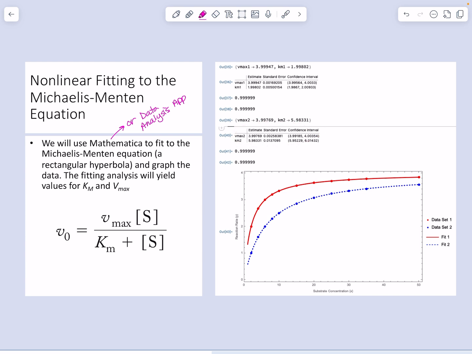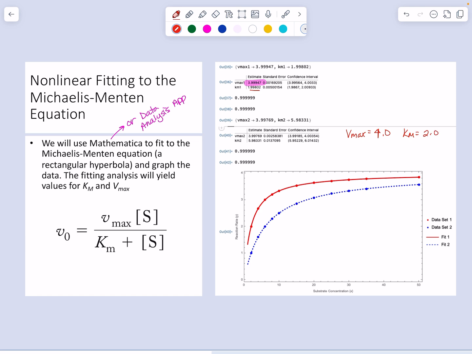So if we notice, my Vmax for the first one is 3.999, so let's call that 4. So data set 1, let me match colors here. Okay, we got Vmax is equal to 4.0, and our Km is equal to 1.998, so let's call that 2.